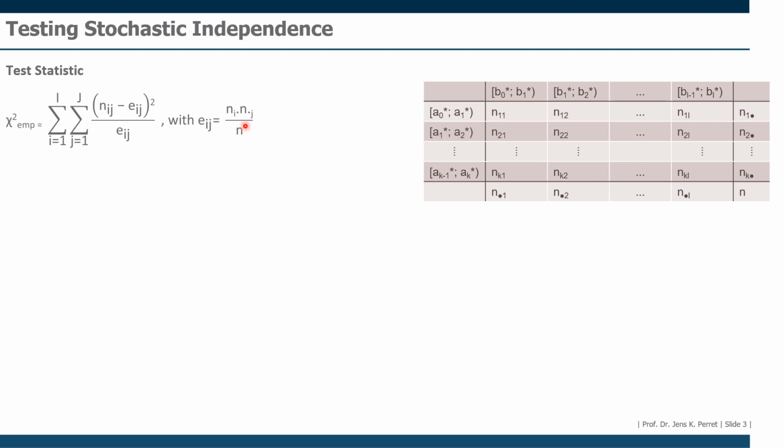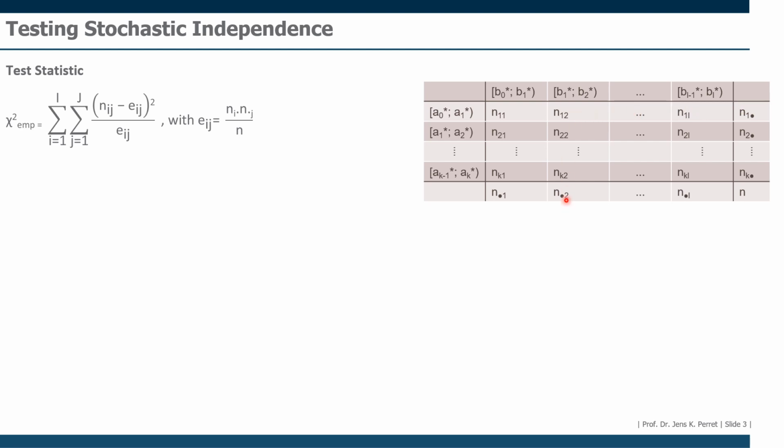Okay, what does this mean? This means we're going to calculate these marginal frequencies first. Those values here on the outer side. Then we're going to take the corresponding element we want to calculate the expected frequency for. So for example, if for the n_1,2, I want to calculate the respective expected frequency, the E_1,2, I'm going to take the sum of the column and of the row.